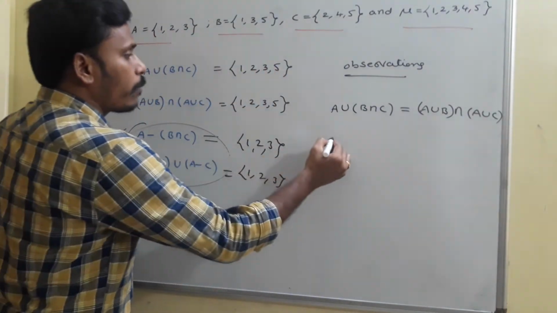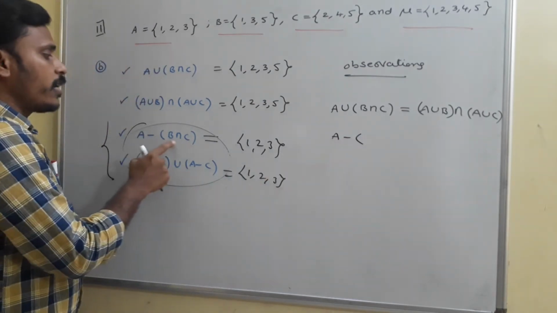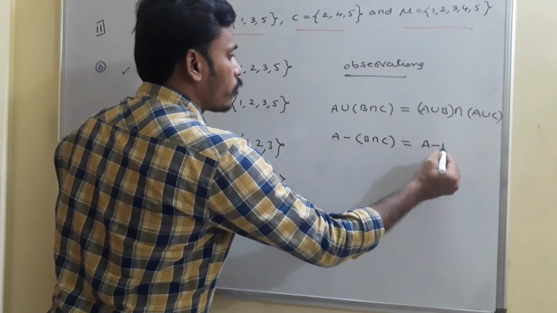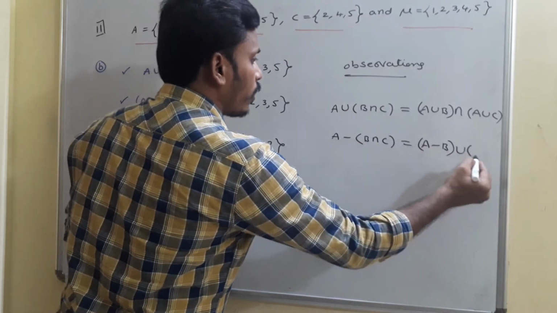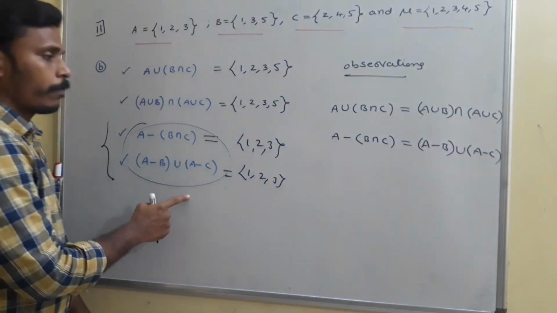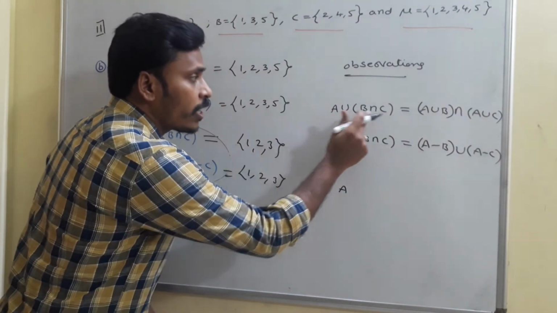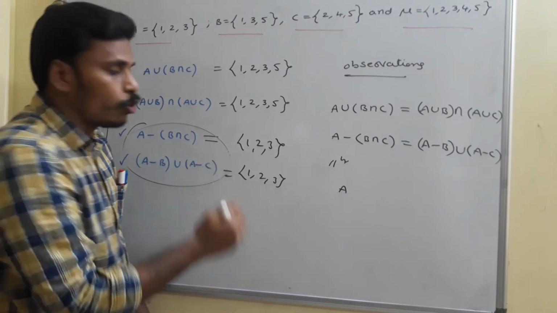Here also, what we did actually, A minus of B intersection C is equal to A minus B union A minus C. Similarly, we can write like this also. Here union, here intersection. You just interchange those two.